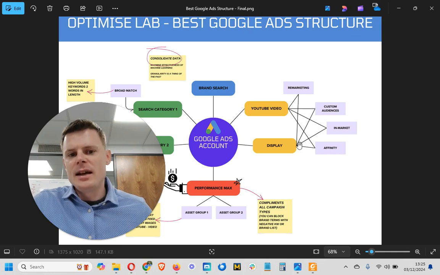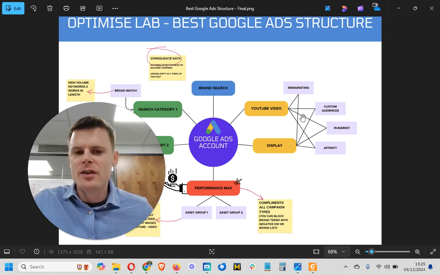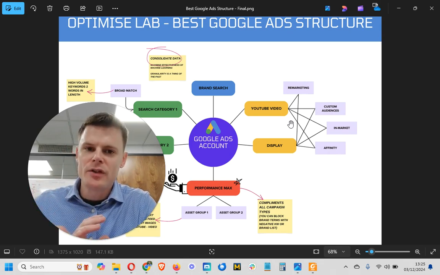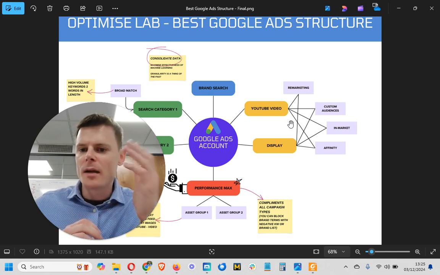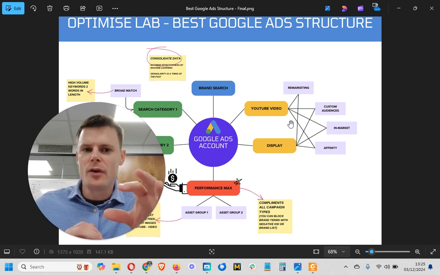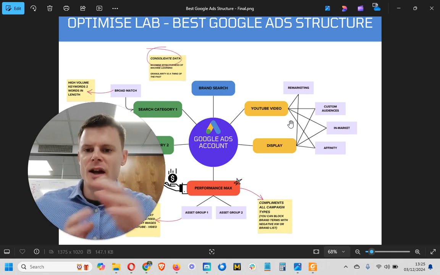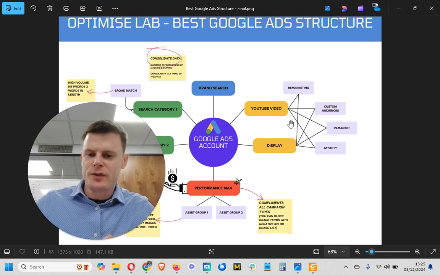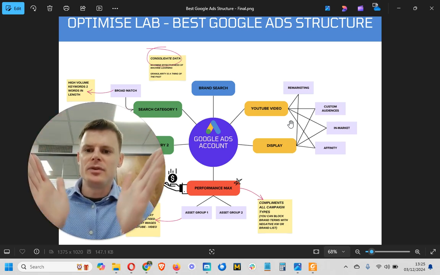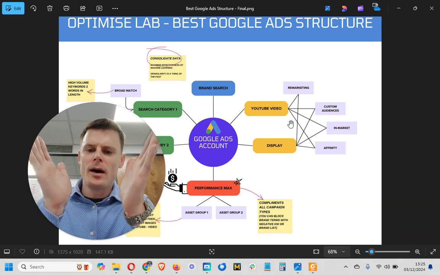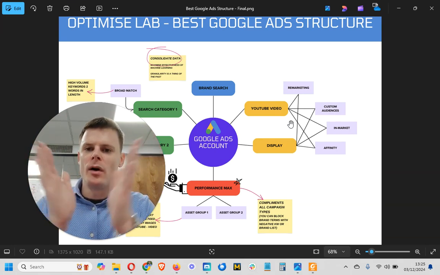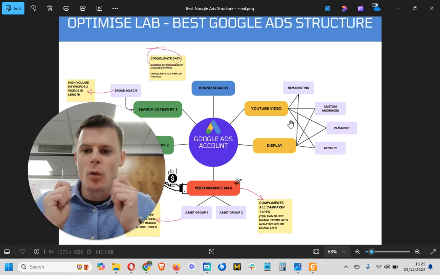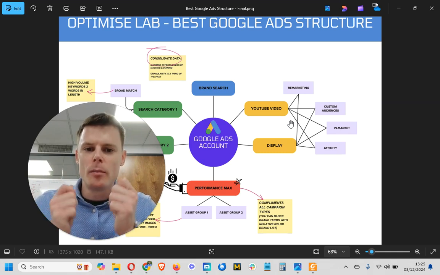Now, you can see here there's a lot of crisscrossing, and that's because in both YouTube and display, you can target these same audiences because they're two separate channels, and then you're getting multiple touch points across those different channels, and you're reaching those people perhaps at multiple instances, and then that's what's filling the top of your funnel and getting people down where they're searching for either your brand or they're searching for products and services through your normal search campaigns, and then when they land on your website, they're recognizing your brand.